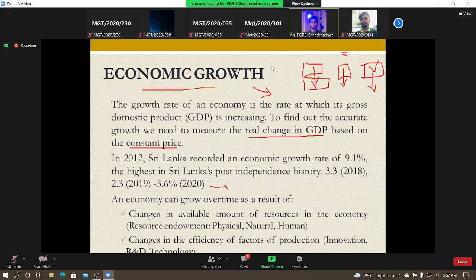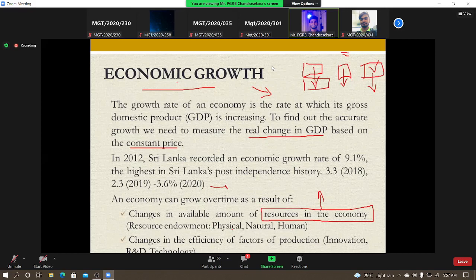First, our resources in the economy are increasing or changing, and due to that, we can increase the gross domestic product. What resources? Physical, natural, human. Likewise, human capacity, human knowledge is increasing, so we can use that for the increase of the gross domestic product.